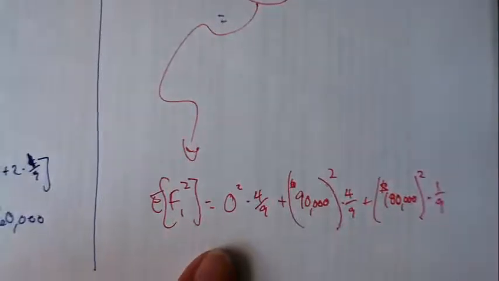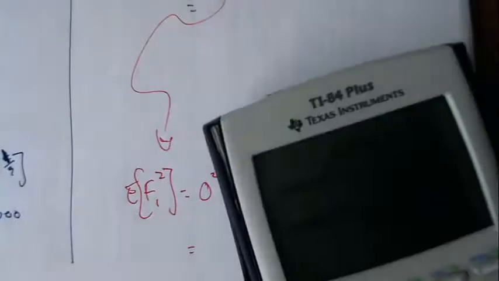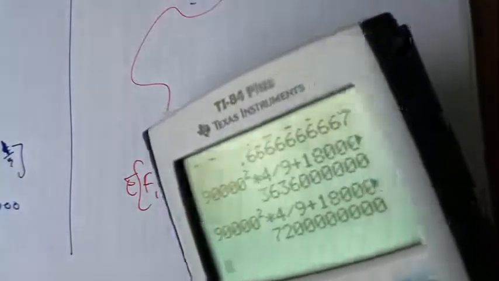See that? So what do I have there? I've got 0 plus 90,000 squared times 4 divided by 9 plus 180,000 squared over 9.